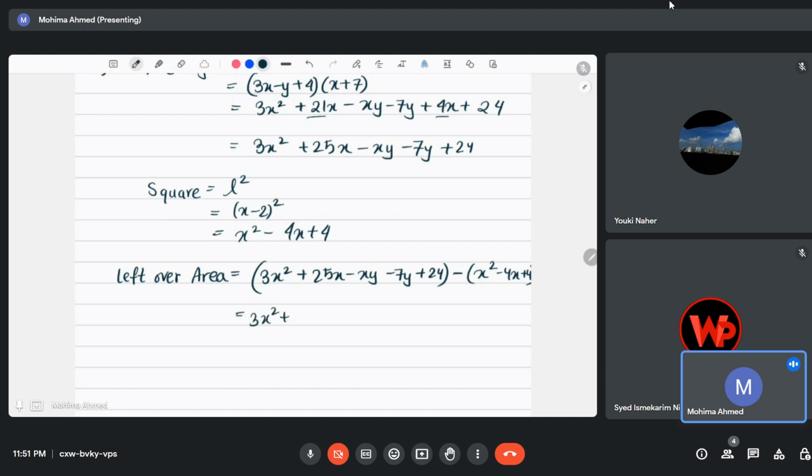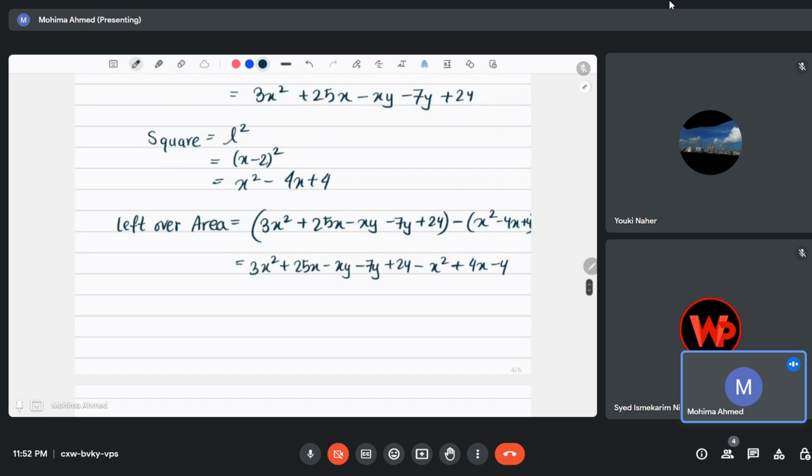So 3x squared plus 25x minus xy minus 7y plus 24, and this would be minus x squared plus 4x minus 4. The minus over here gets multiplied with everything at the back. So that's why it becomes minus x squared plus 4x and minus 4.